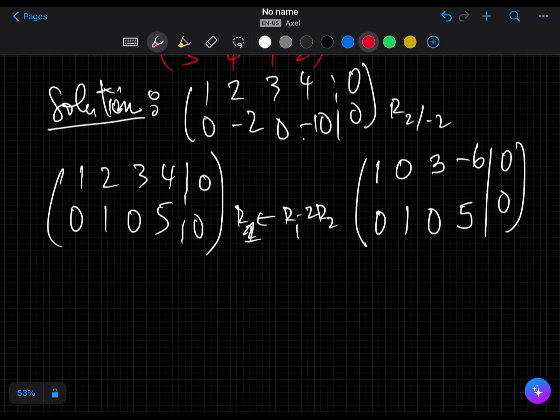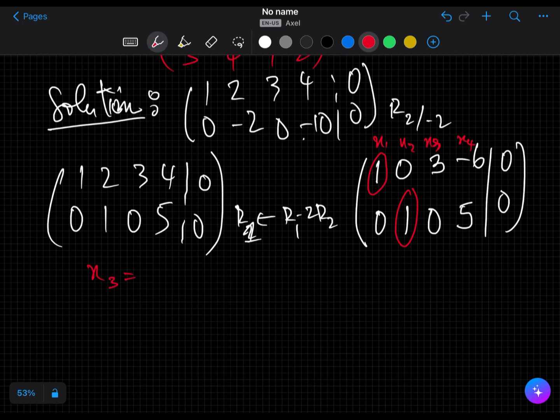So what do you notice? Here I have leading entries. If I have x1, x2, x3, x4, I can see that x1 and x2 are fixed variables, and x3 and x4 are free variables.